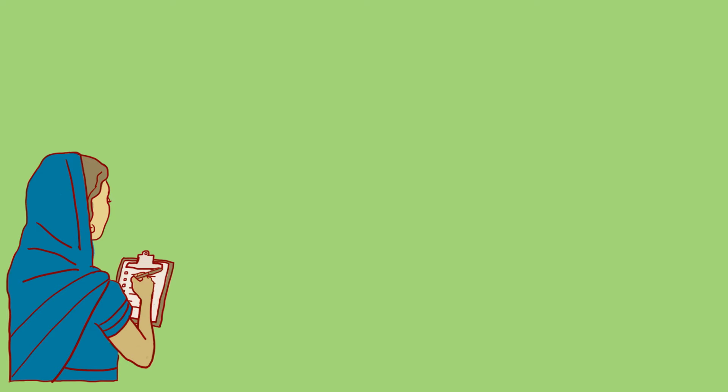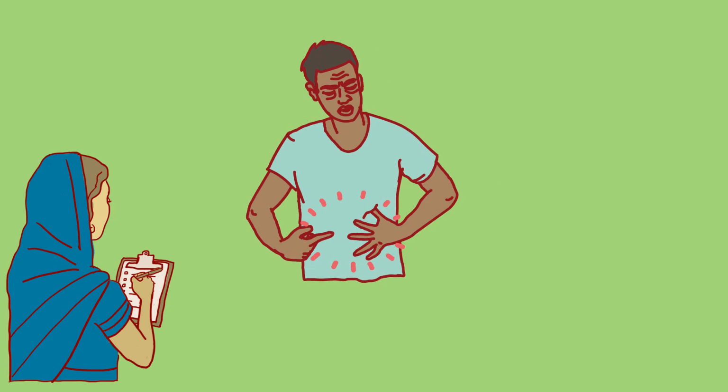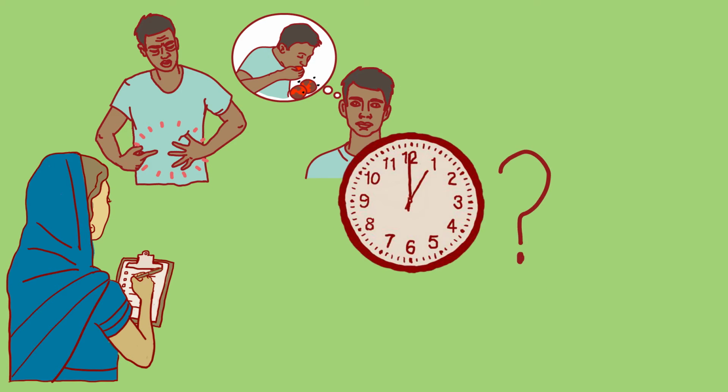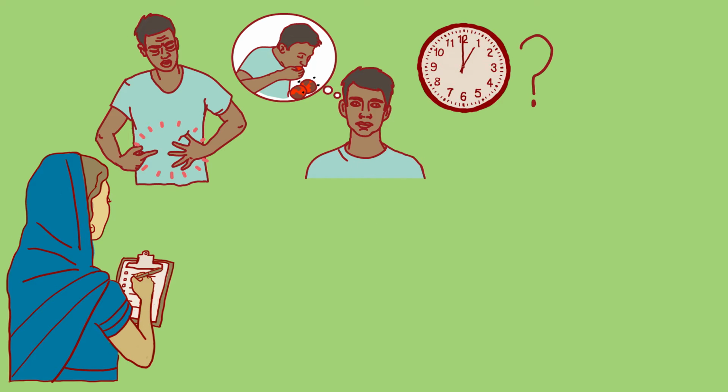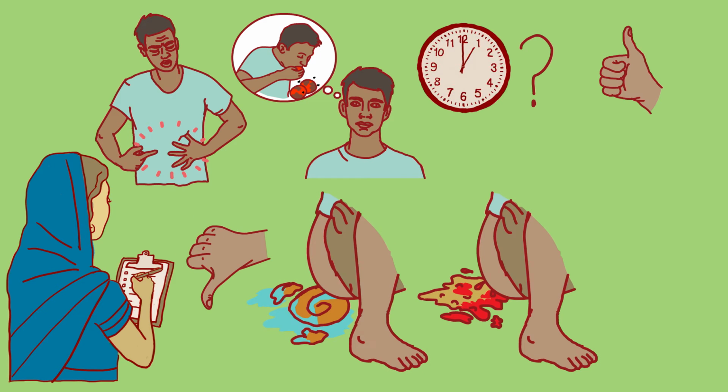When you see a patient with abdominal pain or diarrhea, you should ask the following questions. If you have pain, where is it? Do you know how this happened? When did your symptoms start? Does anything make the diarrhea or pain better? Does anything make it worse? What kind of diarrhea is it?